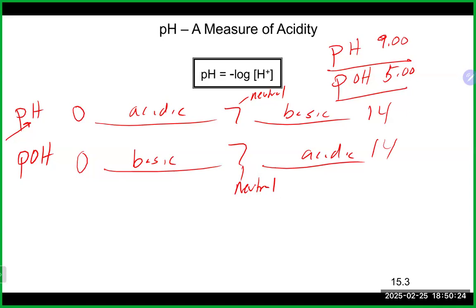Question on that there. Yeah. Truthfully, if it was just a question of is it acidic, basic, or neutral, it wouldn't matter as long as you did it correctly, I suppose.